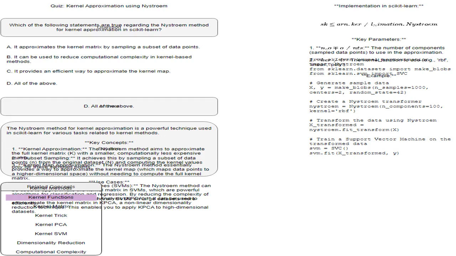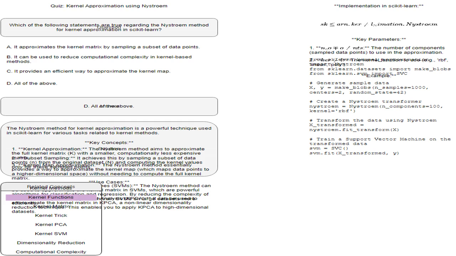In natural language processing, a kernel function might be used to measure the similarity between two sentences based on their word frequencies, helping to classify sentences as positive or negative sentiment. The RBF kernel is defined as k(x1, x2) = exp(-||x1 - x2||^2 / 2 sigma^2), where ||x1 - x2|| is the Euclidean distance between the two vectors.